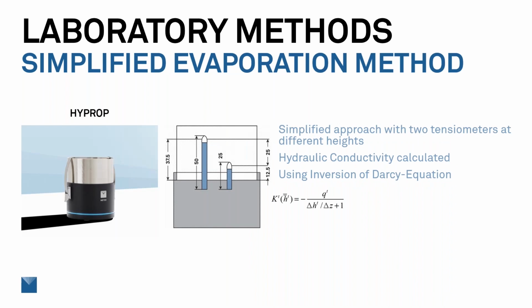That approach was later simplified, and so it's known as the Wind-Schindler simplified evaporation method. It was simplified down to 2 tensiometers at different heights within the soil core, which simplified the setup of the approach. And with the HYPROP, that's what we're using. The HYPROP uses the simplified evaporation method. And so we have that same saturated soil core.